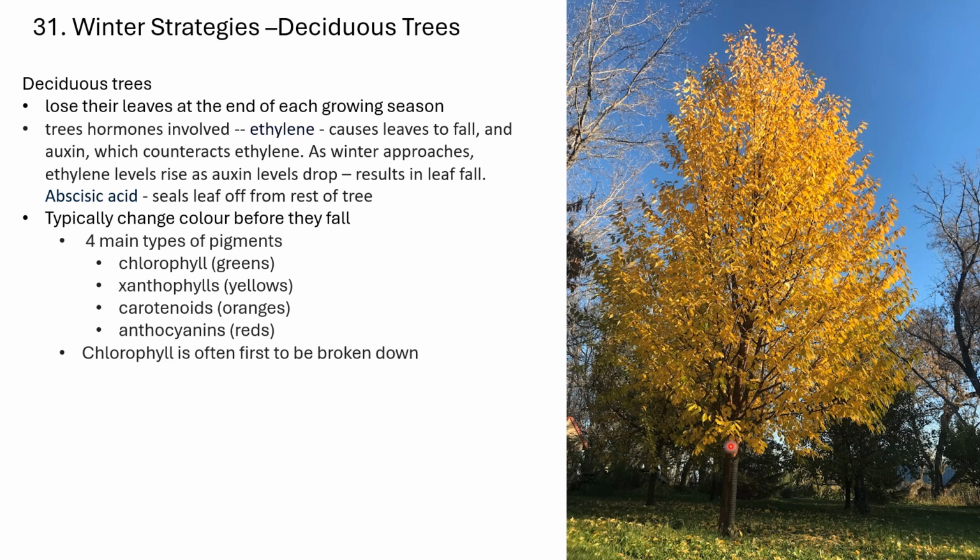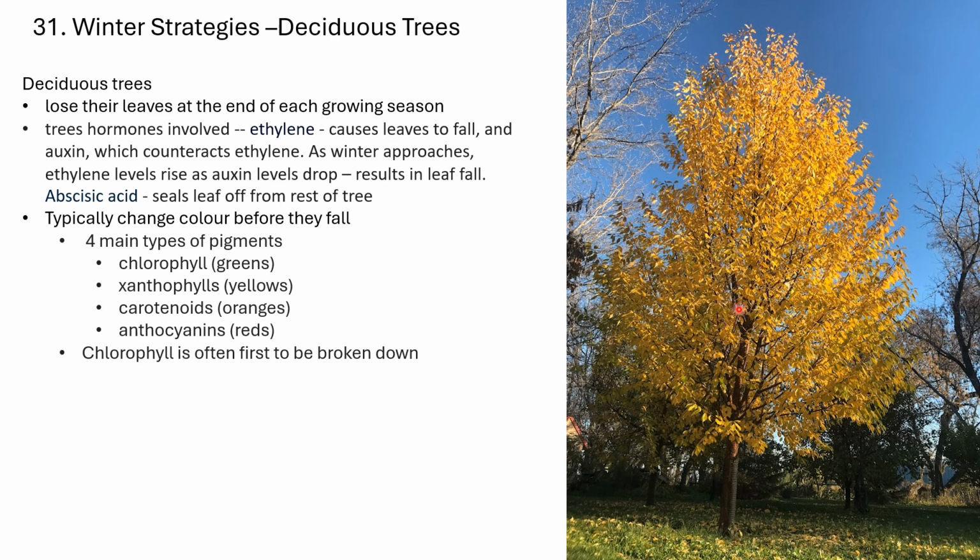Why is it changing color? I think some of us have heard about this process before: chemical messengers called hormones. We've got hormones in our bodies and other animal bodies, and we also have hormones in plants, like this tree.